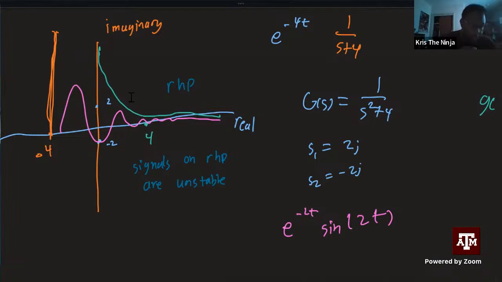Easy to remember. So let's write that down right here. If a pole is on the left half plane, it will be stable.